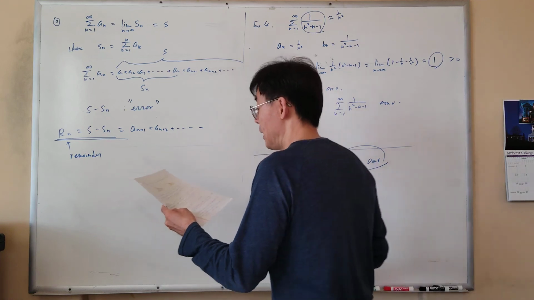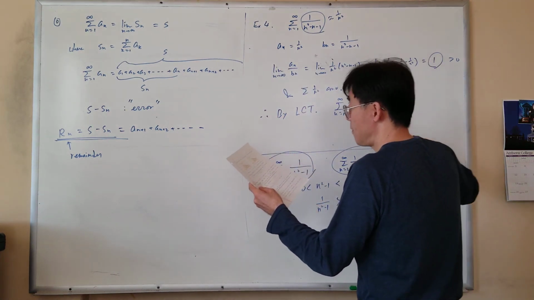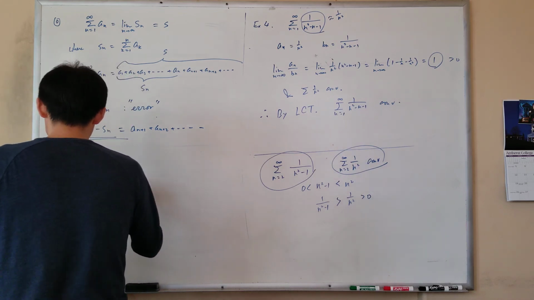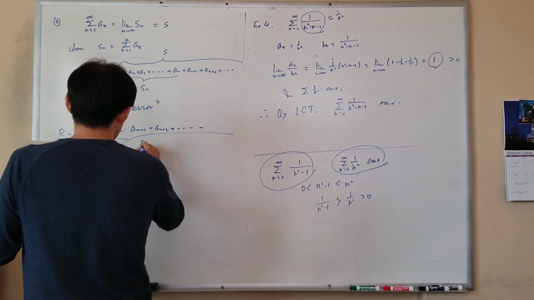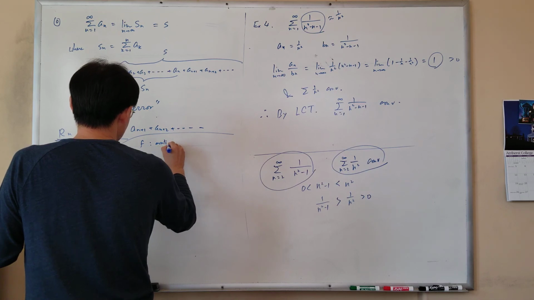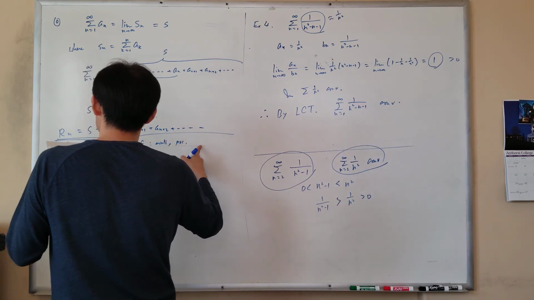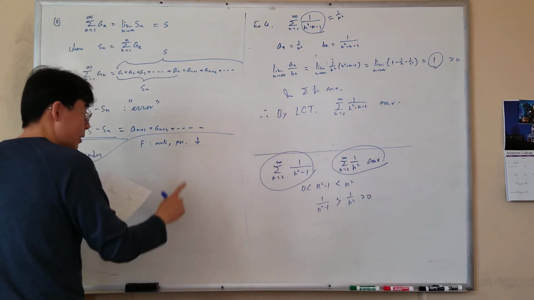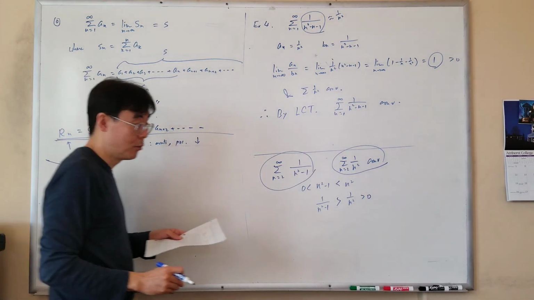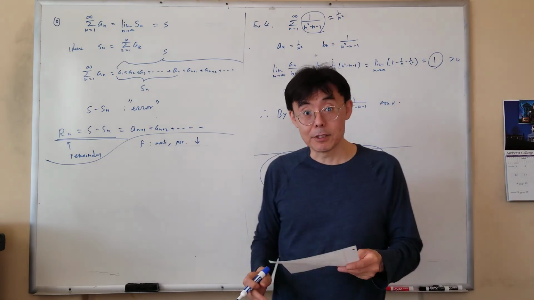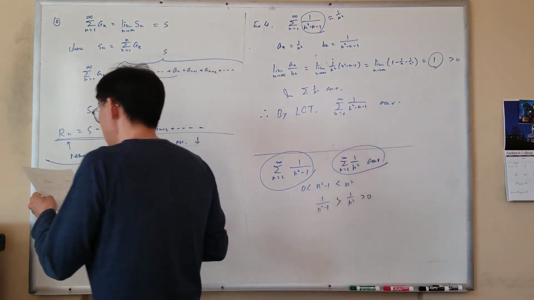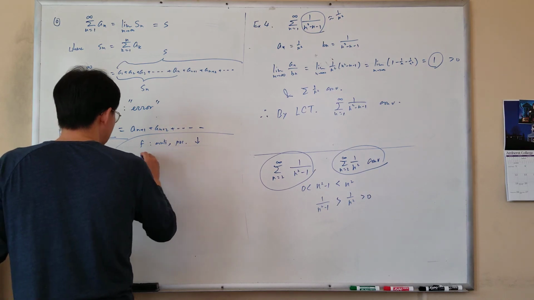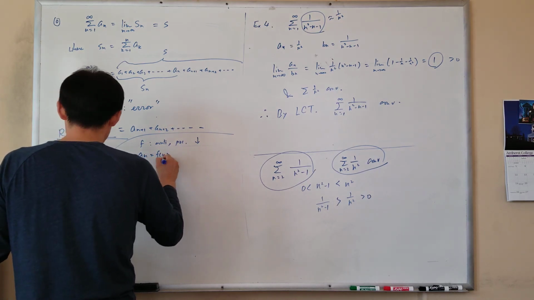Now, as you can see in the picture, look at this. If your f is continuous, positive, and decreasing ultimately, the three conditions we need for the integral test, and An is f of n.